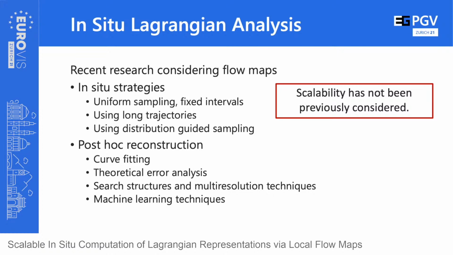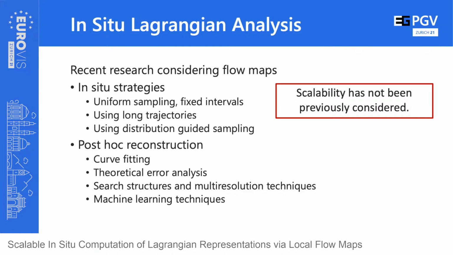There have been several works that have considered how to use the flow map data once it is extracted. This has included using curve fitting to improve the aesthetics of reconstructed trajectories, and theoretical error analysis works to identify causes of error when interpolating Lagrangian representations. Some works have considered search structures and multi-resolution techniques to improve the interactivity of visualization systems using flow maps.